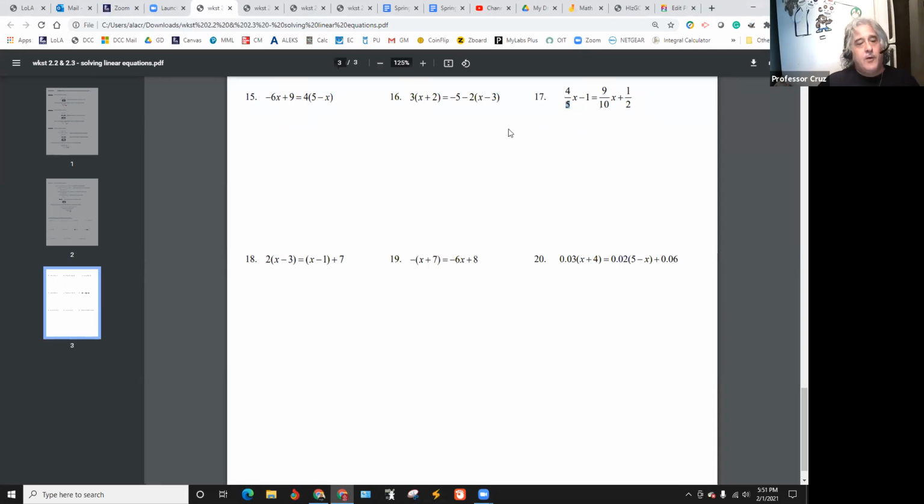And then you'll have an equation that's equivalent without any fractions in it. Because look at that. If you got to combine 4/5 x and -9/10 x, so you still got to deal with LCDs, but you're better off just finding the one LCD for all of the denominators, multiplying by it. So give it a try if you can, and then I'll get to that one in a bit.